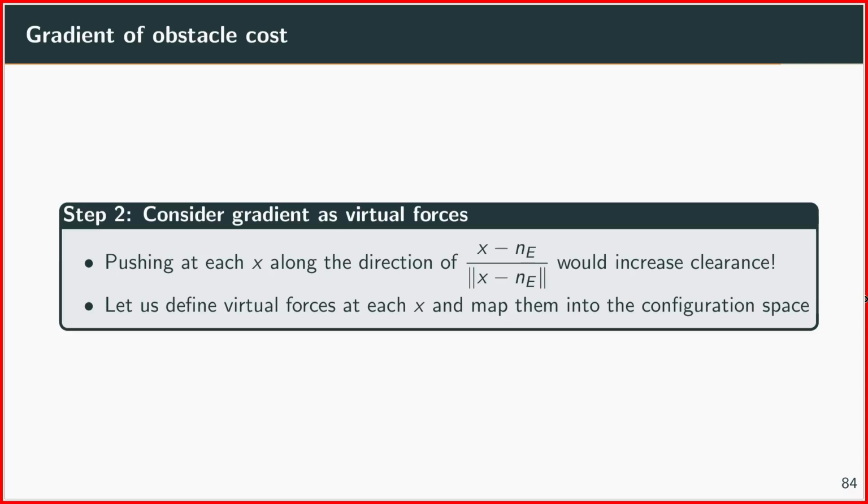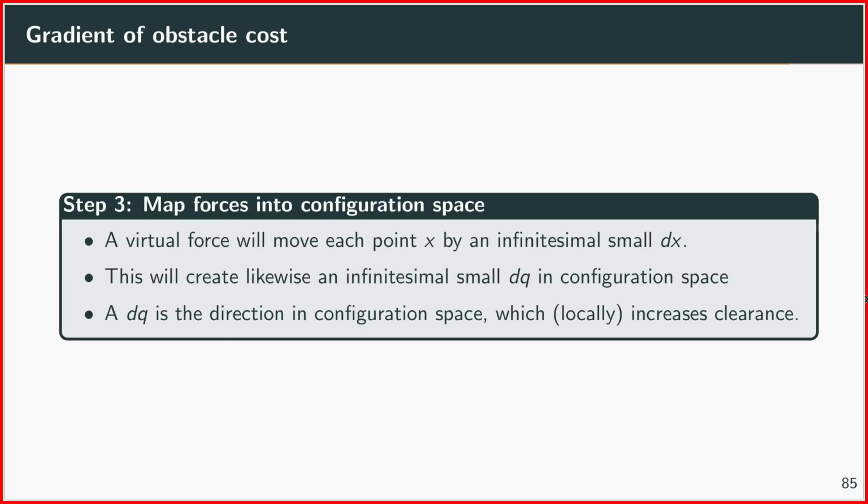The second step is that we consider those directions as virtual forces, where we push at each X in the direction of the gradient, and this would increase clearance. Now we have to define virtual forces at each X and map them into the configuration space, which is the third step. Each virtual force will move a point by a very small dx.